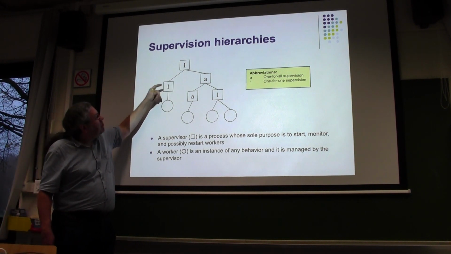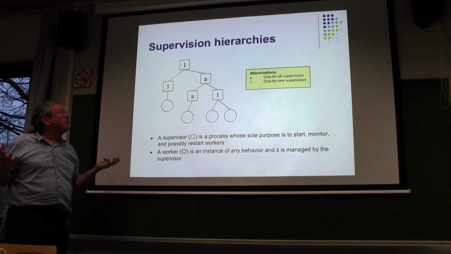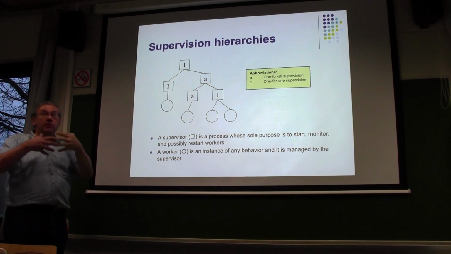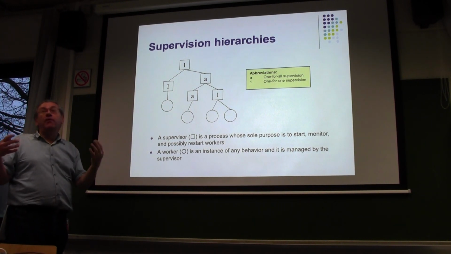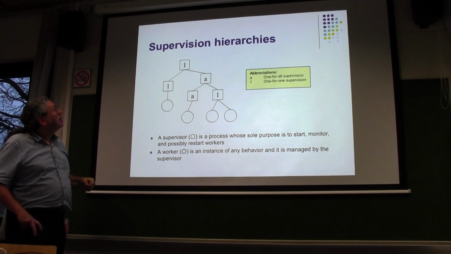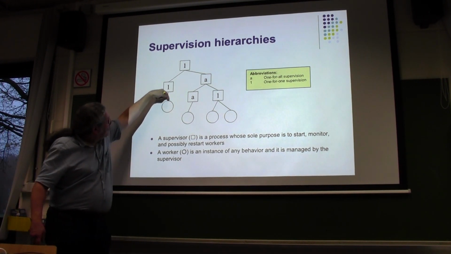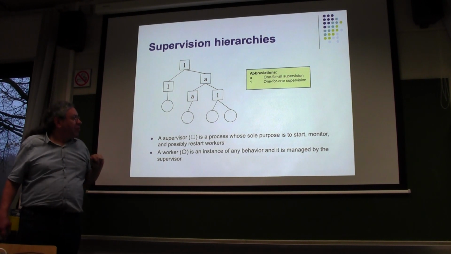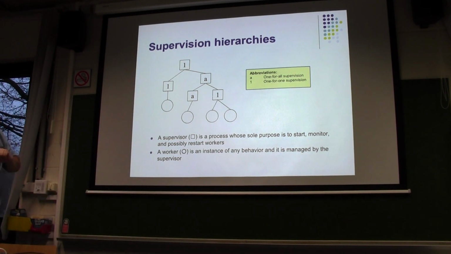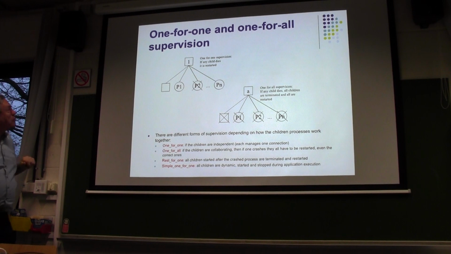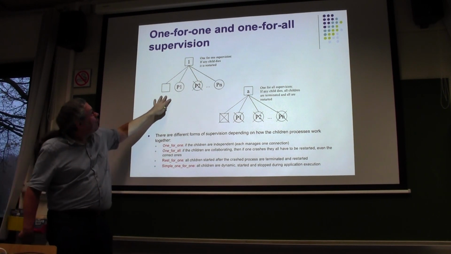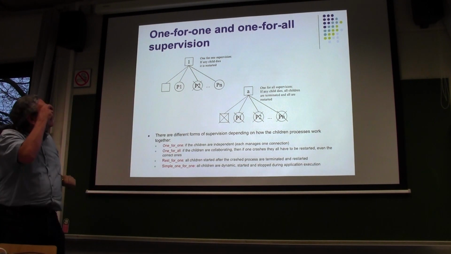One for one basically means the children are independent, and one for all means they're collaborating, so if one of them fails, you have to restart all of them. So you have this hierarchy, and each supervisor observes the children below it, the workers. So the 2 basic strategies are one for one and one for all.